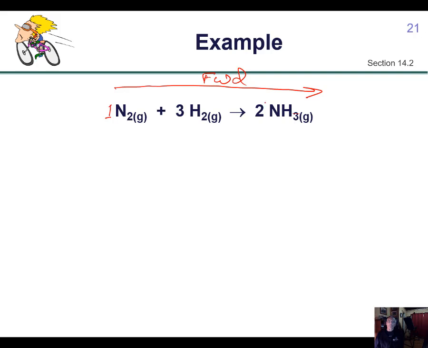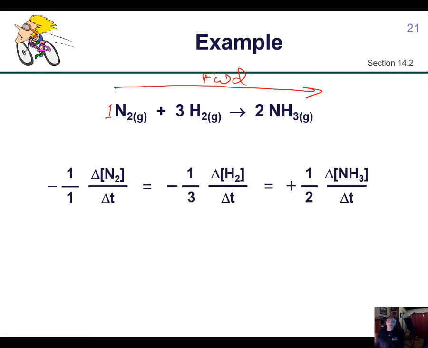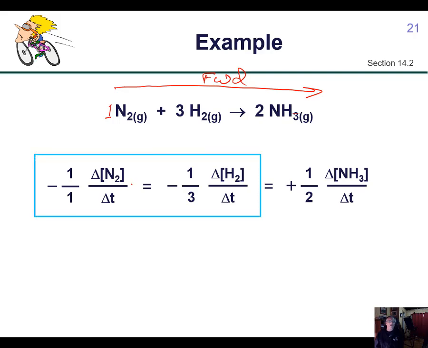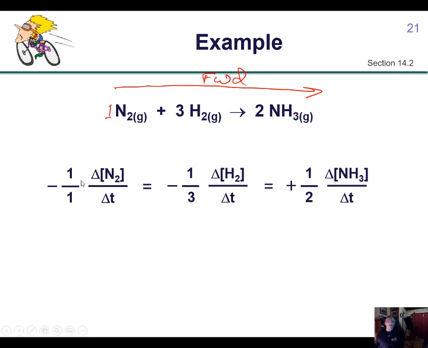That means the rate of appearance of ammonia is twice that of the rate of disappearance of nitrogen, because 2 moles are appearing in the same amount of time that 1 mole of nitrogen is disappearing. So we can relate these to each other by simply taking the coefficient, putting it in the denominator, and then putting 1 in the numerator.